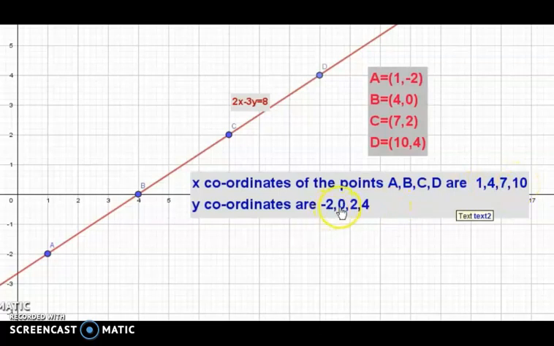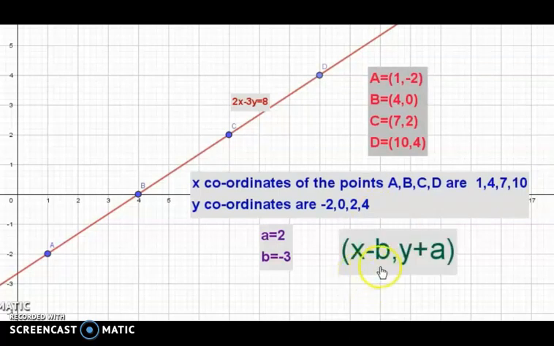What about the y coordinates of these points? They too are in AP. Do we have anything to say with respect to our coefficients? Yes. The x coordinates have 3 and the y coordinates have 2 as common difference.